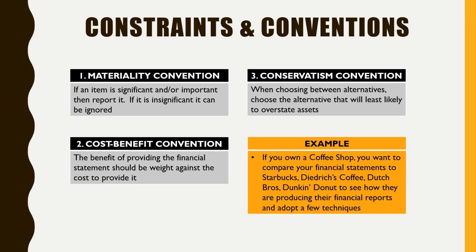So for this class, you do need to know what they are, but I'm not going to test you on these 4 particular constraints and conventions because we're doing financial accounting.